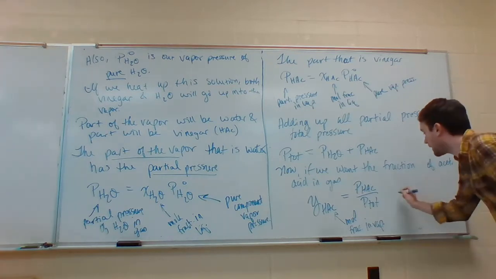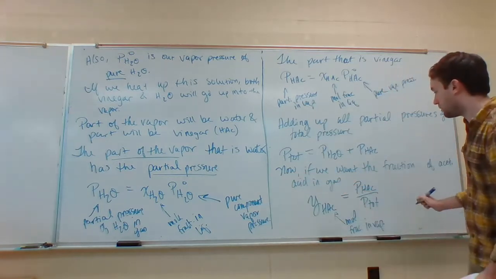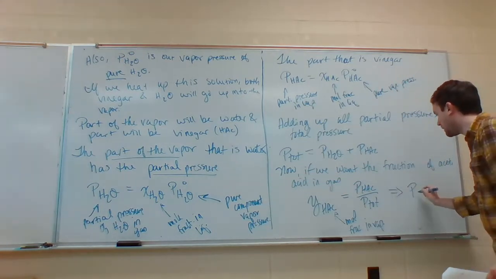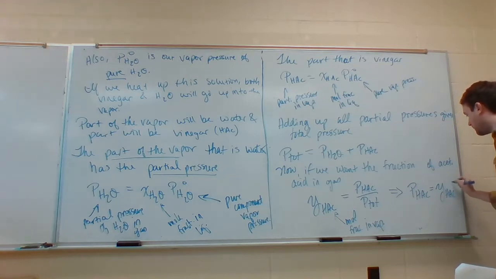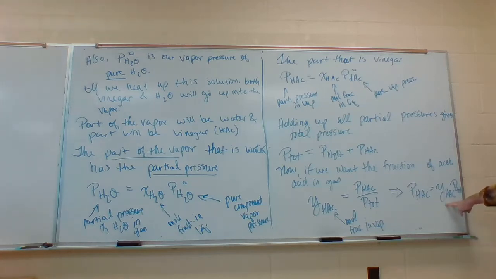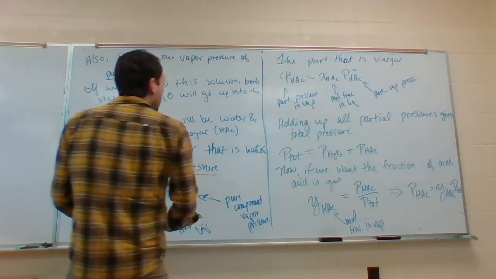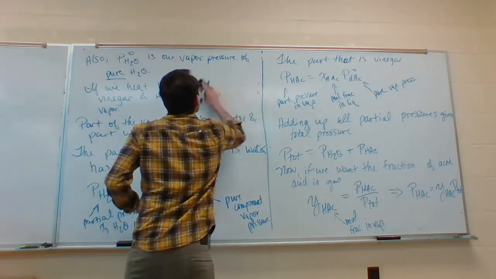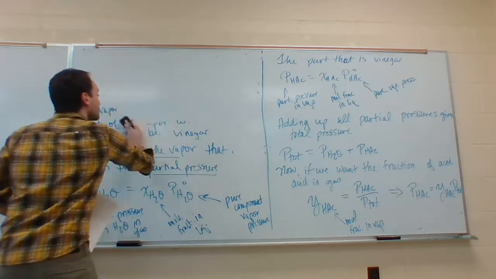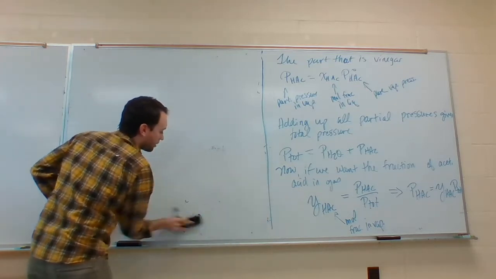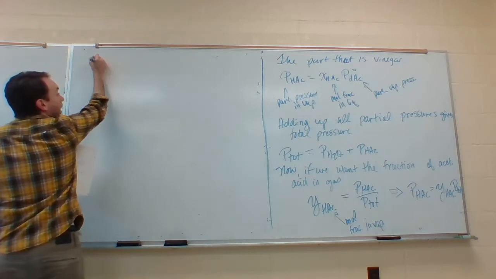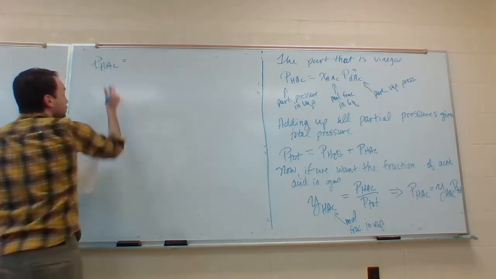So that means that if we put all of that together, we know then that P HAC is equal to the Y HAC times our P total. In other words, if we take our total pressure and multiply it by the fraction in the gas, we will get the partial pressure in the gas. So if we were to put those two equations together, we would see that we have the P HAC, the partial pressure of the acetic acid.